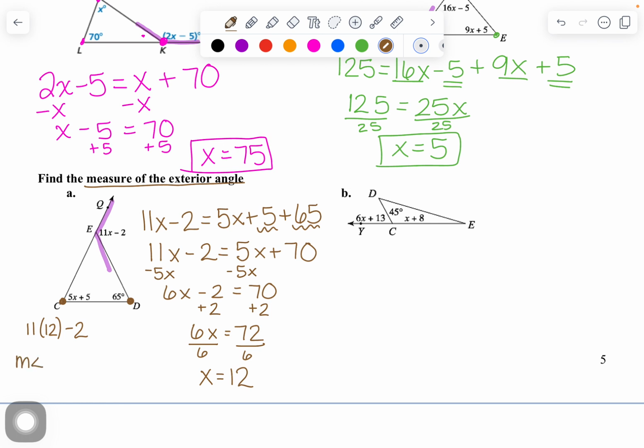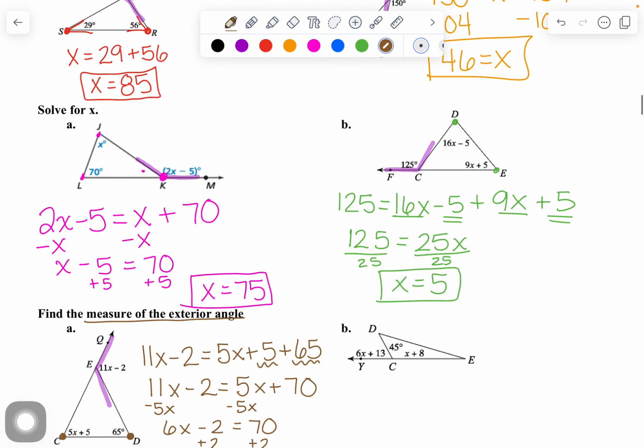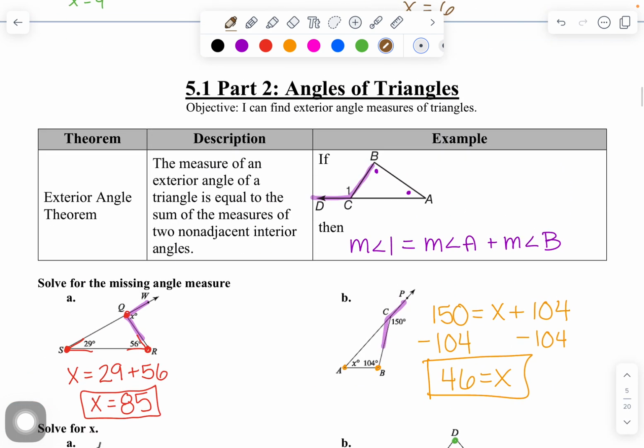Now, one of the things you're going to see me do is name that angle as well. Remember, when you are naming angles, a single letter name, like we used up here, works great if there's only one angle that has that name.